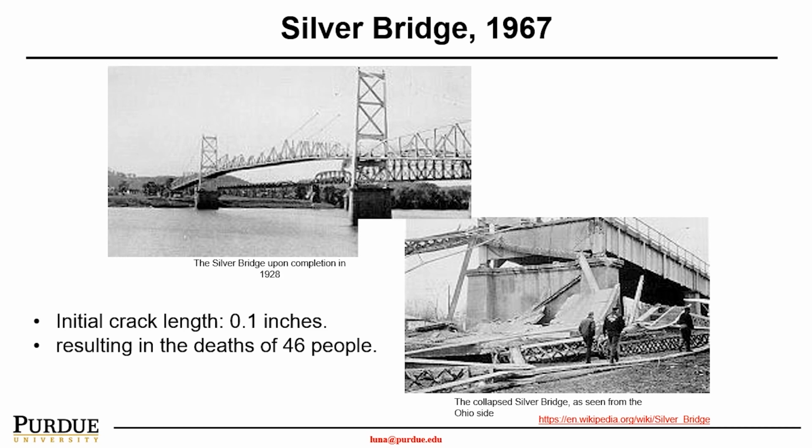On December 15, 1967, the collapse happened during rush hour traffic, which caused the death of 46 people. The cause of this failure was a single eyebar in the suspension chain that had a very small crack, about a 0.1 inch defect, caused by stress corrosion over the years. If this defect had been identified earlier and repaired, it may not have led to such a catastrophic failure and such a tragedy.